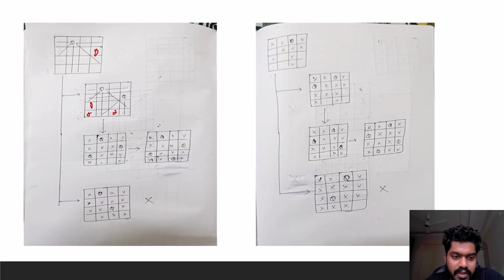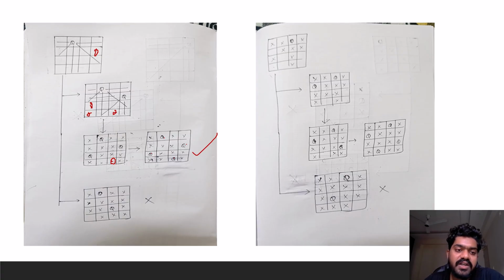When I put it here, I'll be left with only this place, and I'll put a queen here. And I have 4 queens: 1, 2, 3, 4. So when I put 4 queens in a 4x4 chessboard, then that will be my solution. When I put a queen here, I got a solution.